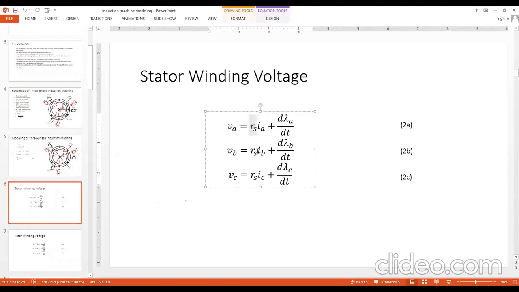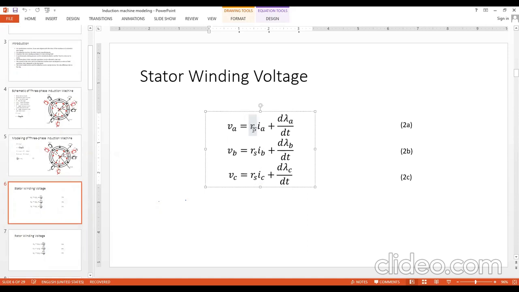These currents, IA, IB, and IC, would be flowing from the source end to the load end. That means current would be coming into these coils, coil A stator, coil B stator, and coil C stator. Because the current is coming into the load, there is a positive sign. So this voltage drop, RS IA, RS IB, and RS IC, would have a plus sign, unlike the synchronous machine.